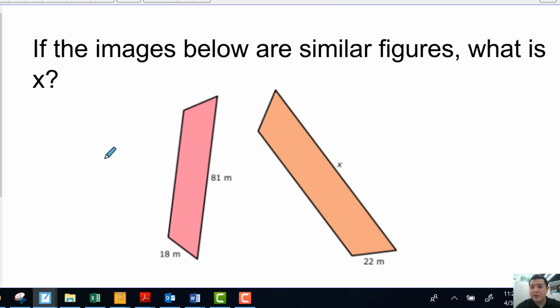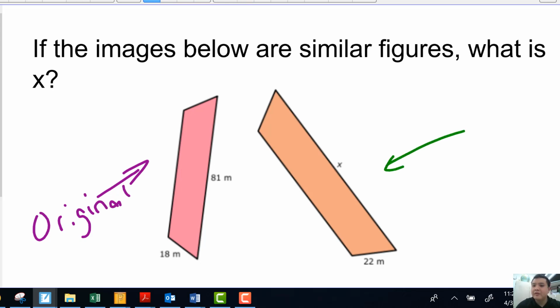Here we have two images that are similar. That means they are scaled up from one another. So this one over here, because we have all the information on it that we need, is the original. Over here, this one is the model, or the new drawing.